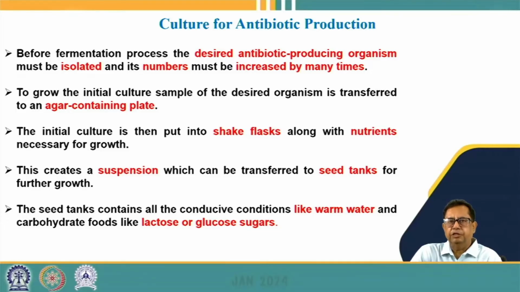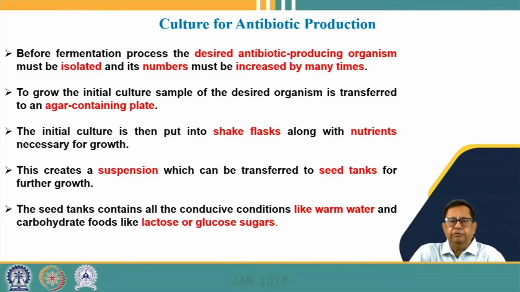And once this suspension, which contains isolated bacteria as well as a higher number of bacteria, is created, it can later on be transferred to bigger tanks, which are known as seed tanks. Here further growth happens, and we have to add certain nutrients or substrate, so that a large population of the microorganism can be developed.